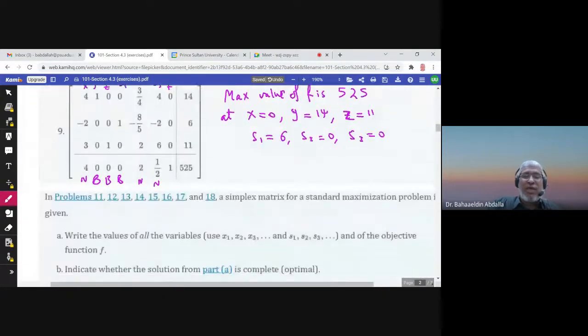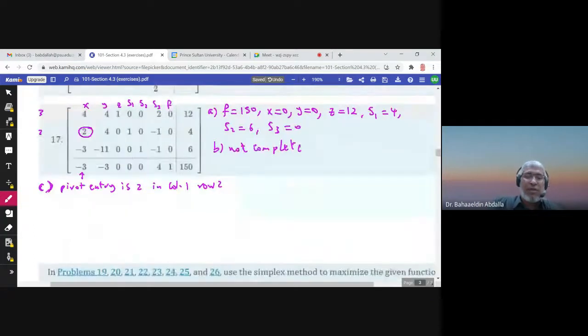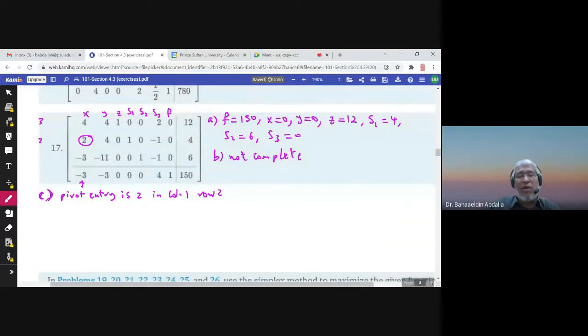And in this case, the row operations would be half row 2, then -4 row 2 plus row 1, 3 row 2 plus row 3, and 3 row 2 plus row 4.